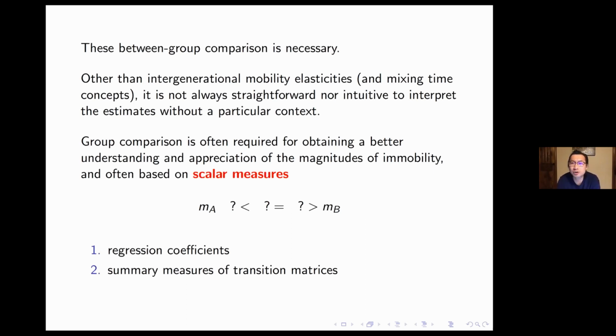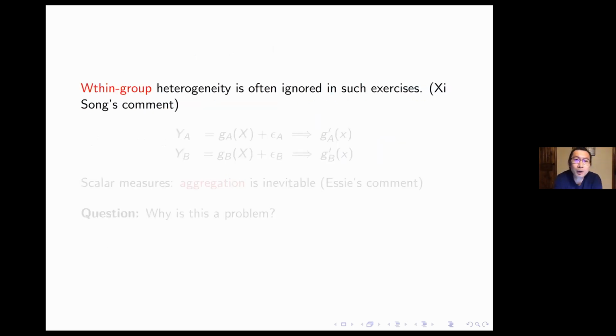All of these are trying to reduce all this heterogeneity to one dimension that we can compare, so we can infer something about the relative magnitude and say something about the extent of immobility or mobility, okay? Now, this seems a very straightforward exercise, but all of this ignores one thing, the within group heterogeneity.